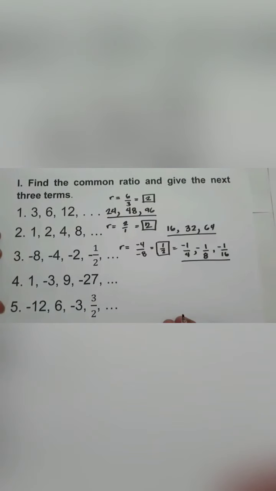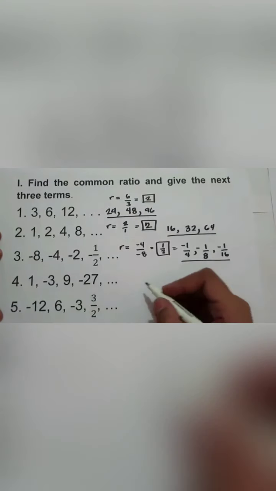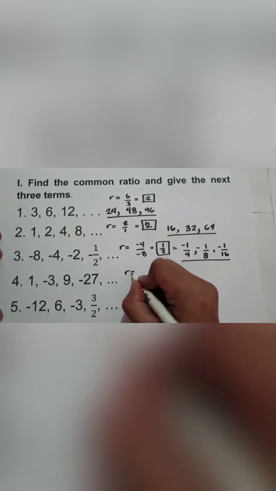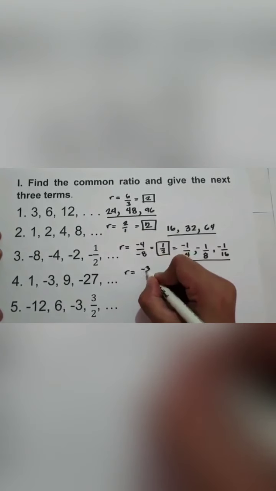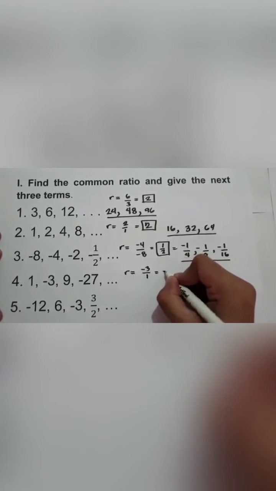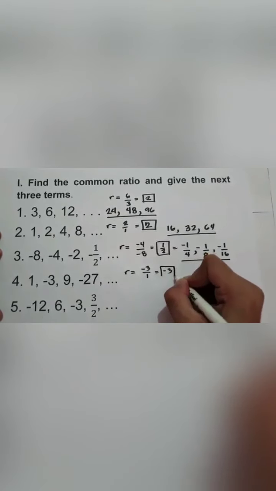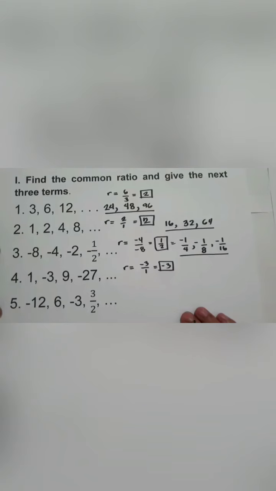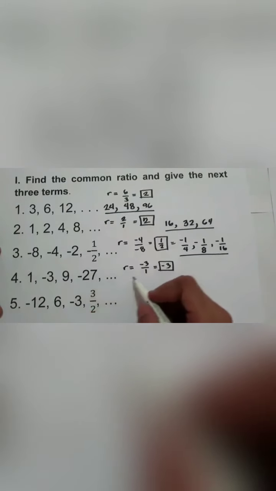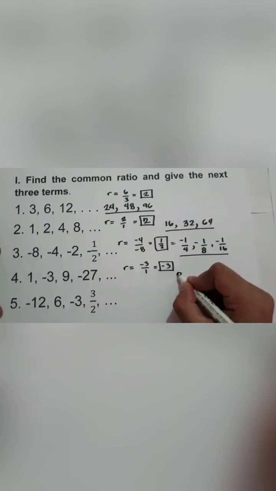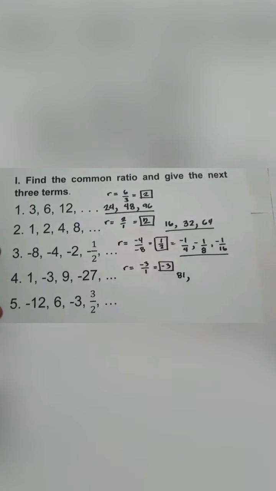What about number 4? On number 4, we have 1, negative 3, 9, negative 27. To find the common ratio, let's divide negative 3 by positive 1. So the answer is negative 3. So the common ratio is negative 3. Now, let us find the next three terms. Negative 27 times negative 3 is positive 81.